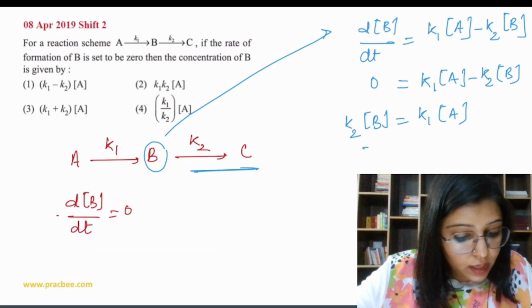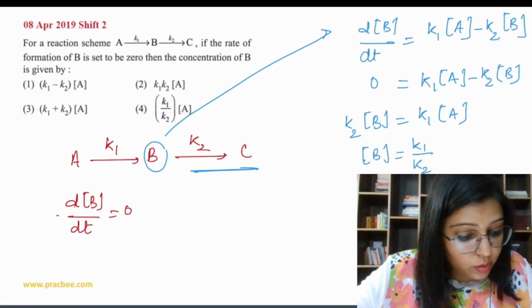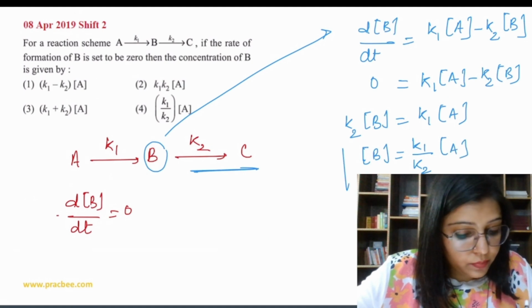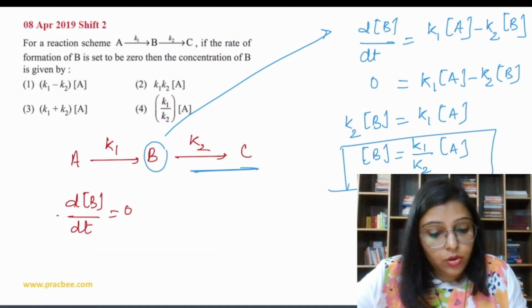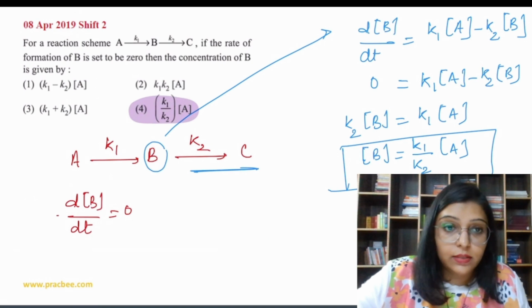So from here the concentration of B is equal to k1 upon k2 times the concentration of A. So option 4 is the correct answer.